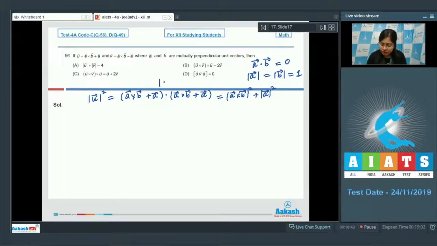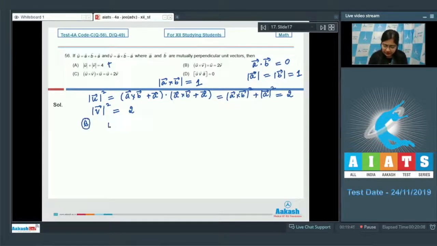Now mod of a cross b is also equal to mod a into mod b into 1, equal to 1. So this is equal to 1 plus 1, that is 2. Similarly mod v whole square is also the same, that is 2. So option number A says that mod u plus mod v will be equal to root 2 plus root 2, that is 2 root 2. So this option is incorrect.